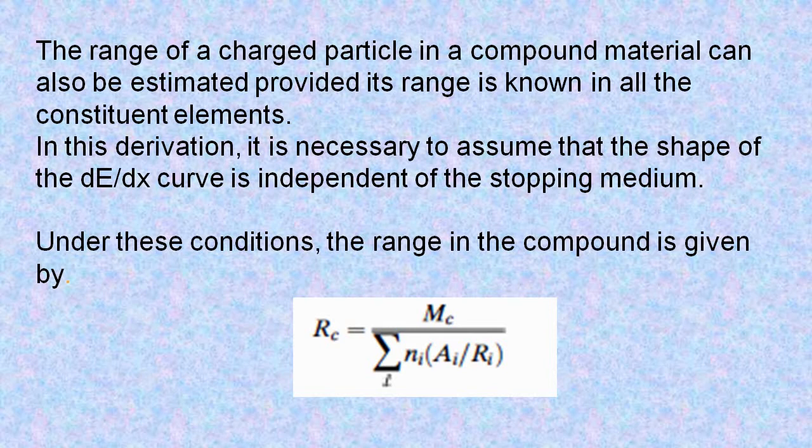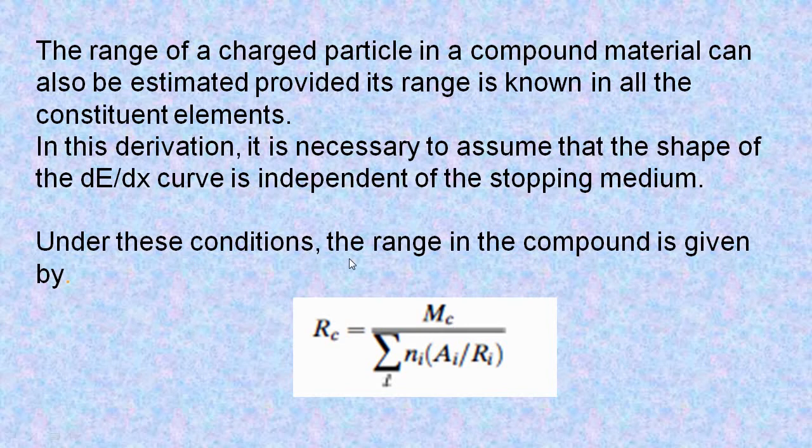That means whether it is a straight line or a curved one, that shape is retained irrespective of the medium. In the last range energy curve, we have shown that all are curves, and if one is a straight line, another is a perpendicular line, such a thing is not applicable. That is why this concept, the shape of the d by dx curve is independent of the stopping medium.